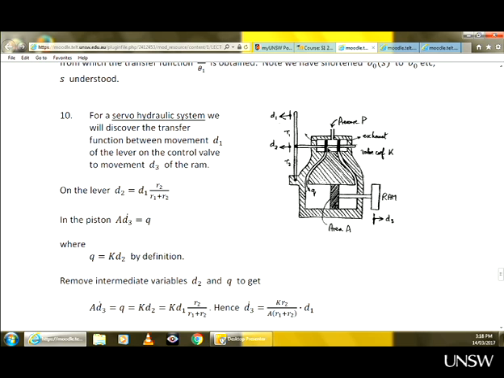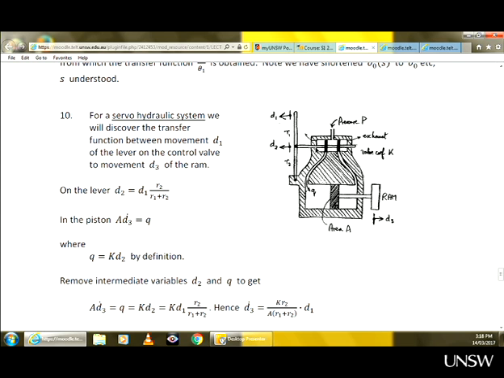As it moves, say, to the left, then this orifice, this canal, will be open to the flow of this high-pressure fluid. So it flows in here and creates a high pressure compared with the low pressure you have on the other side. That pressure difference will create a force that will push this ram to the right.